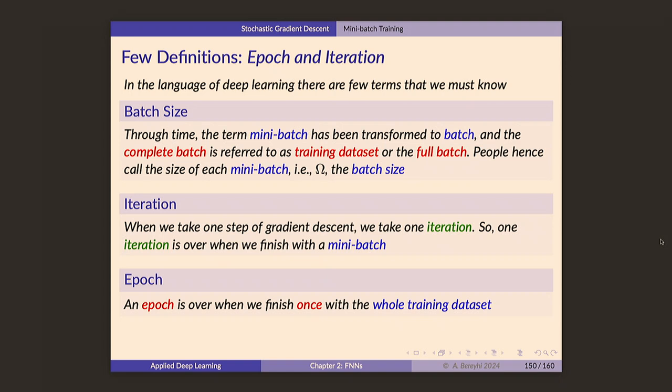But in full batch, you still have to compute all the gradients, average them, and then do the update. Exactly. In stochastic gradient descent, when you are over with one epoch, you have already done maybe hundreds of iterations, because you do the iteration after every single mini batch, right?